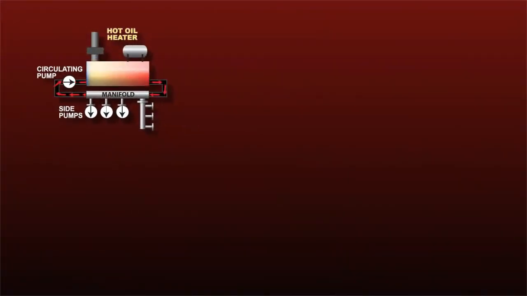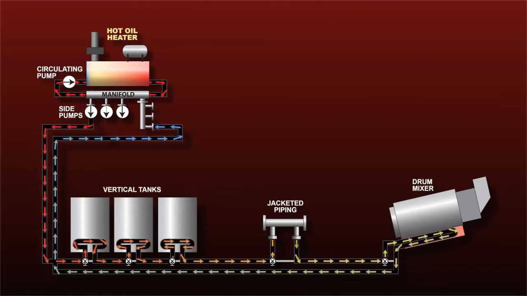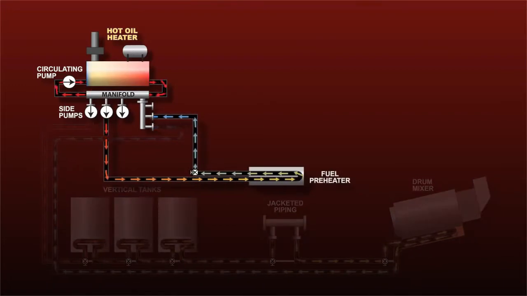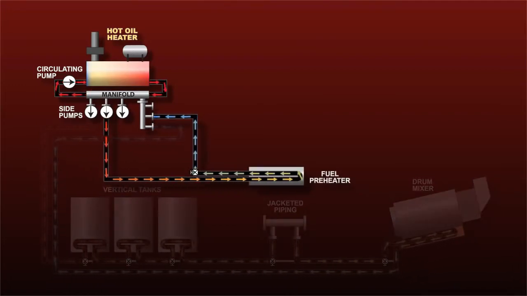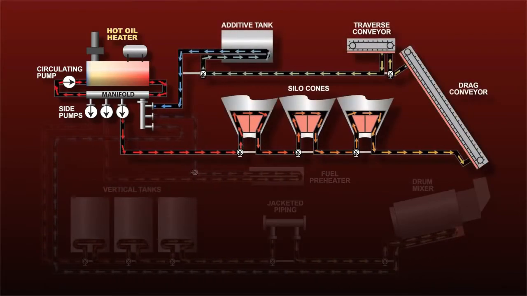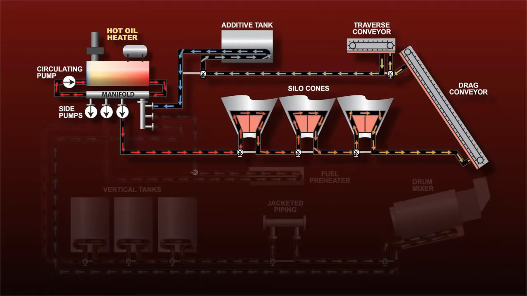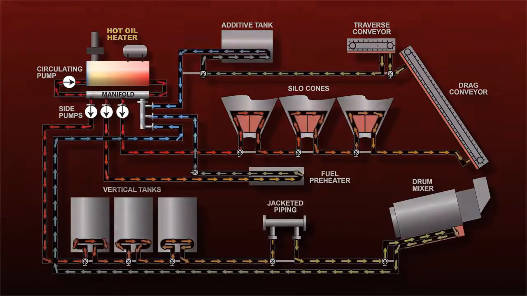Each outlet serves as the hot oil source for an independent circuit with its own side pump. Each side pump circulates the oil through a circuit with less resistance because it has fewer components. After the oil transfers its heat to the components, it returns to the manifold.